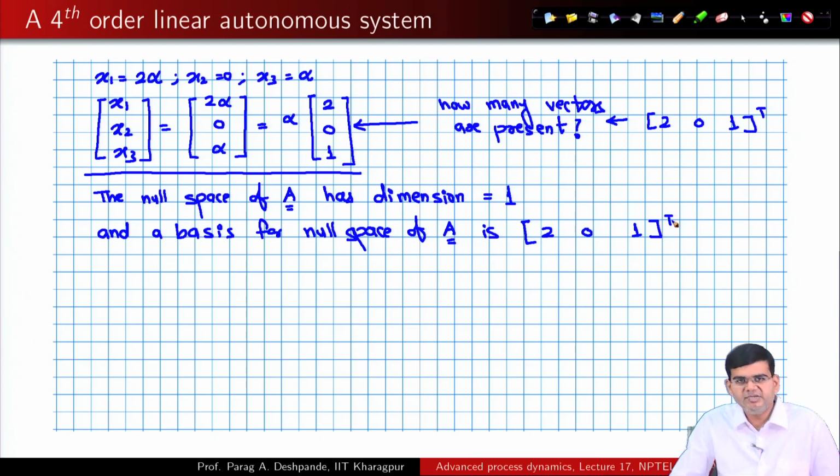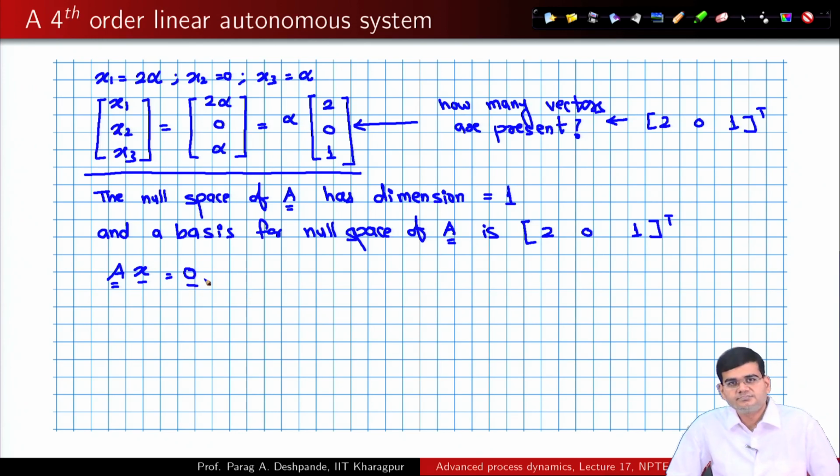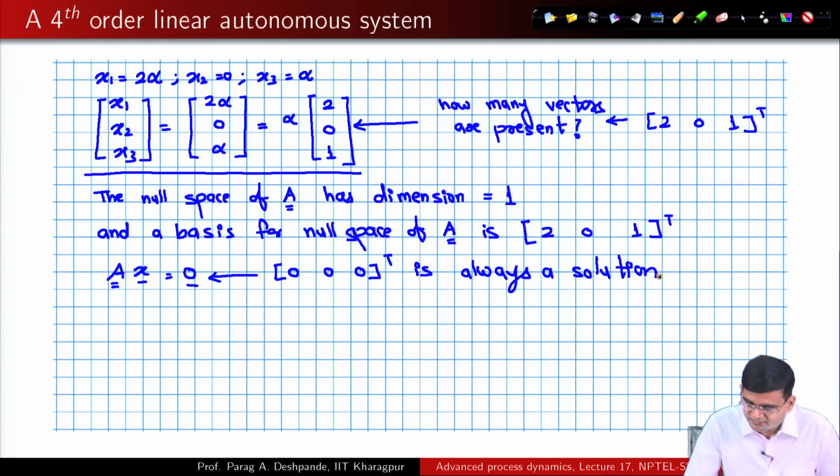This simply means that if I have to solve for A x equal to 0 vector, then I know that the zero vector, for the present 3 dimensional case, [0 0 0] transpose, is always a solution. I know that. Now, I want to know whether some other solutions also exist.